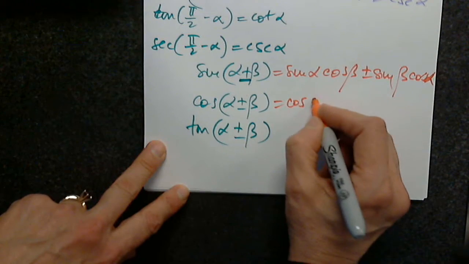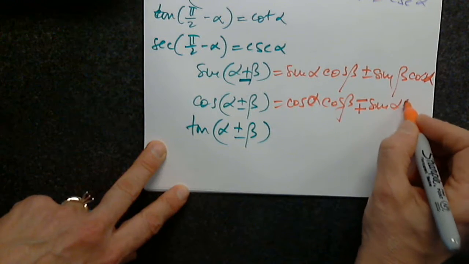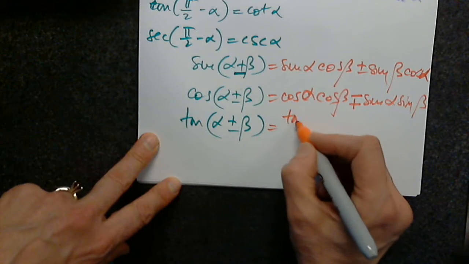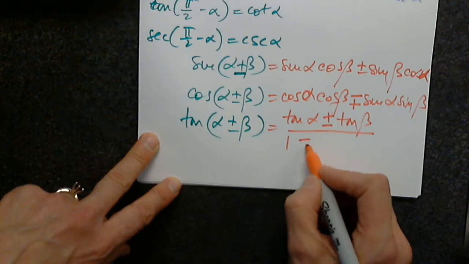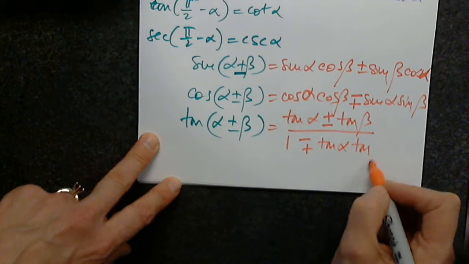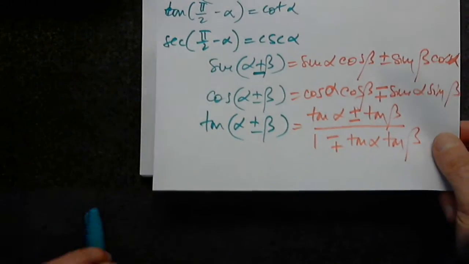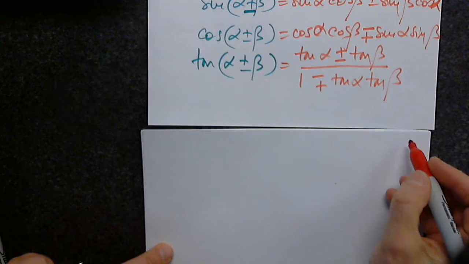And this one is cosine alpha cosine beta minus or plus sine alpha sine beta. And this is tangent alpha plus or minus tangent beta over 1 minus or plus tangent alpha tangent beta. Yes, sine is plus and minus, and cosine is minus and plus. The cosine is the only one that is twisted.